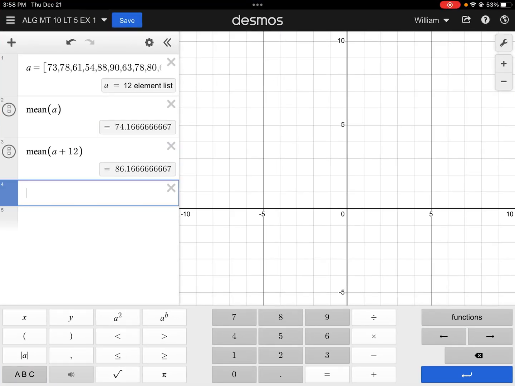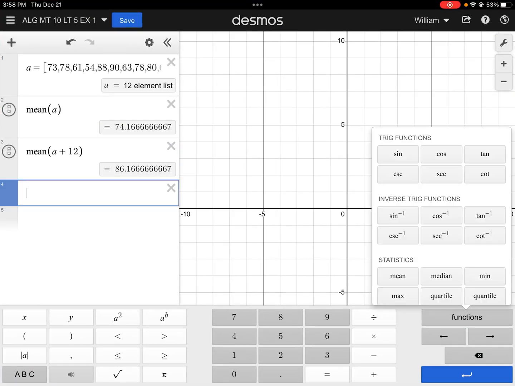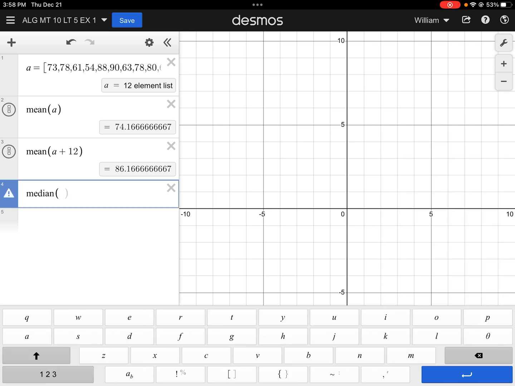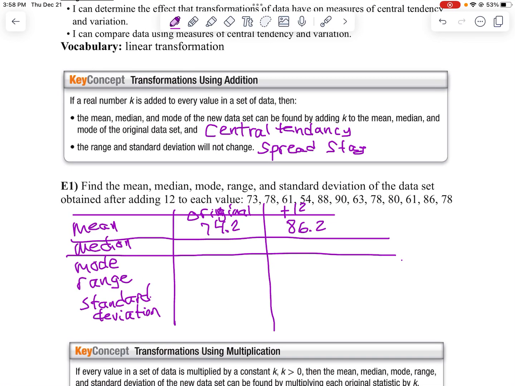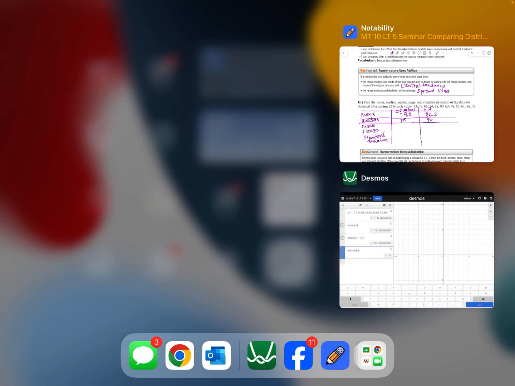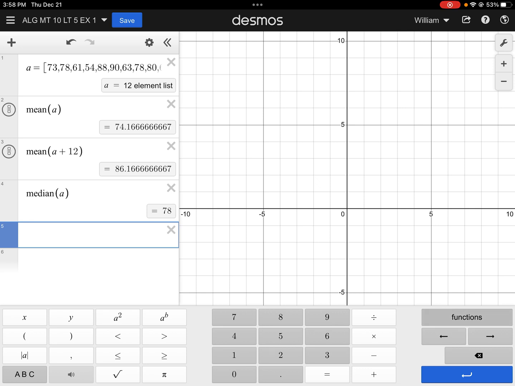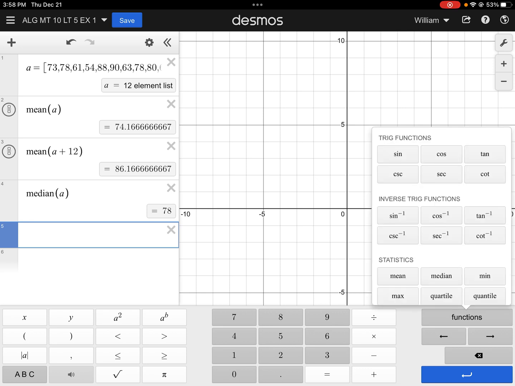Let's find the median of my set. The median of my set is 78. So if I add 12 to everything, 78 plus 12 would be 90. And like I said, we can verify that by doing the median of A plus 12.